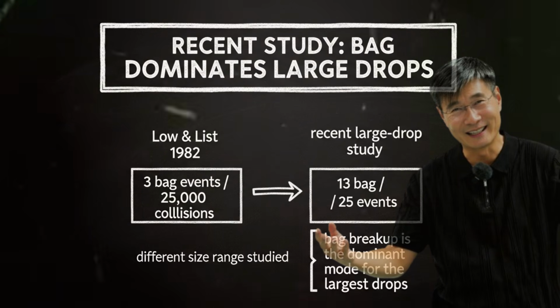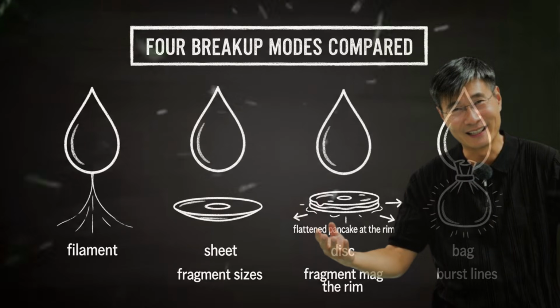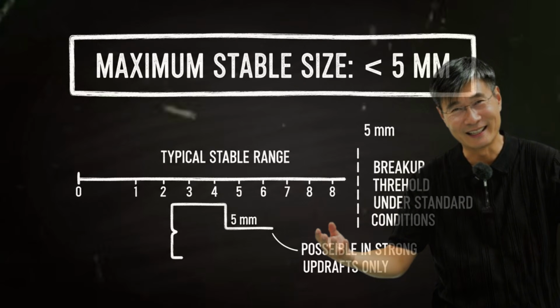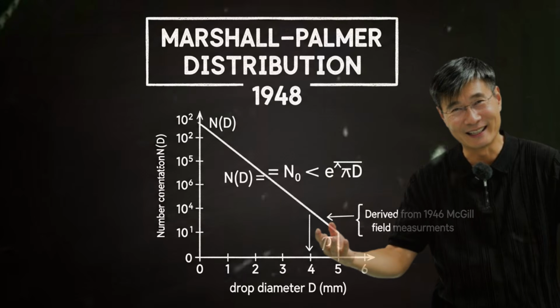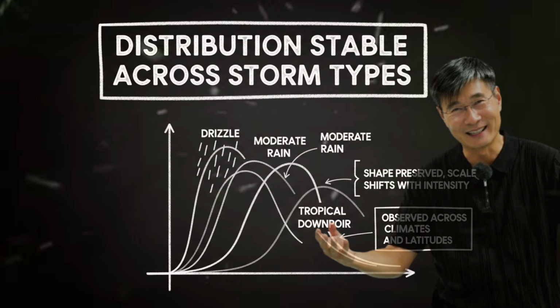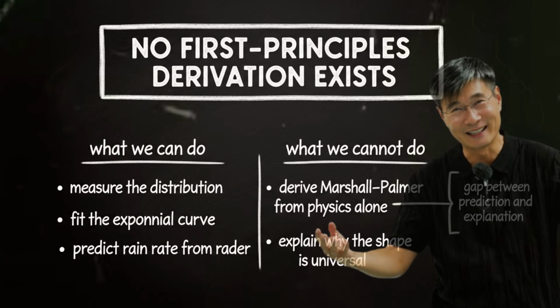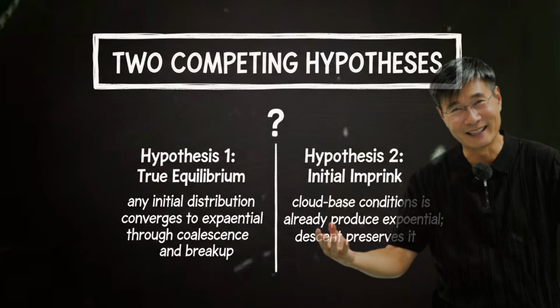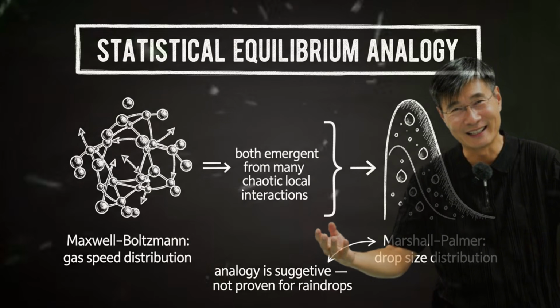In the realistic general case, it must be solved numerically with approximations using kernels that are themselves experimentally fitted. The science predicts well enough to build useful weather models. It cannot yet write down an equation from first principles whose solution is the Marshall-Palmer distribution. That derivation does not exist.